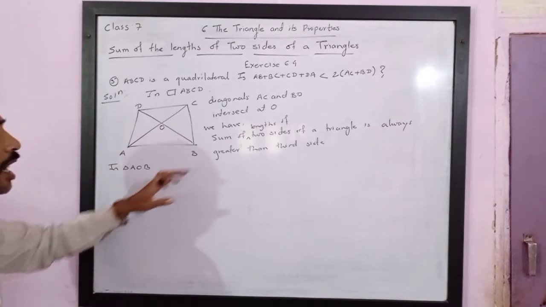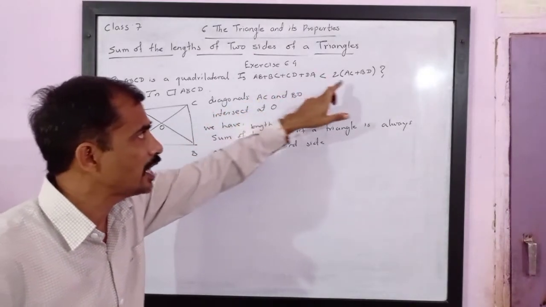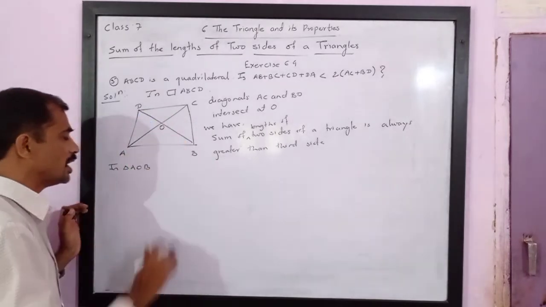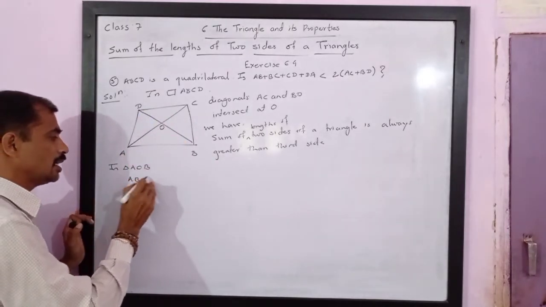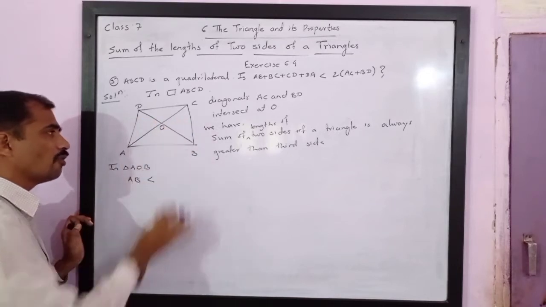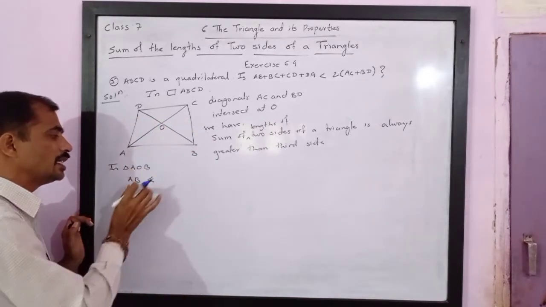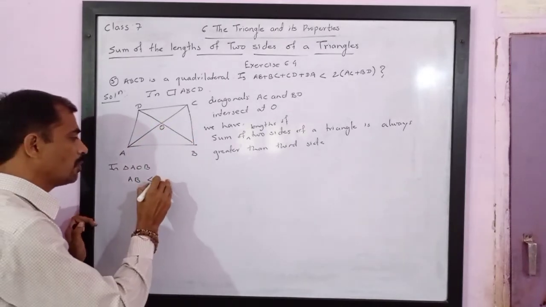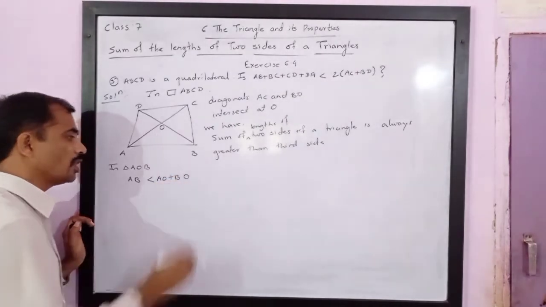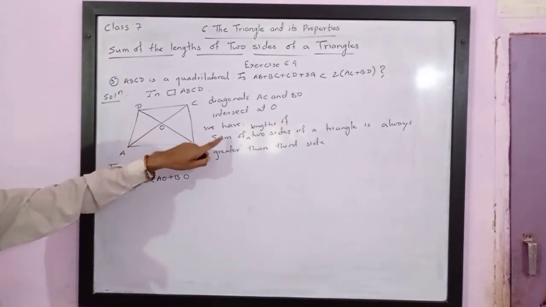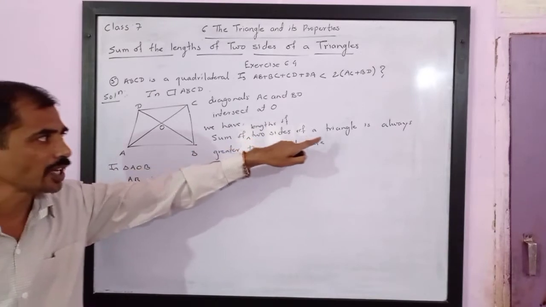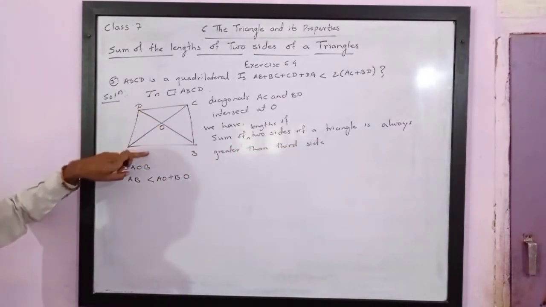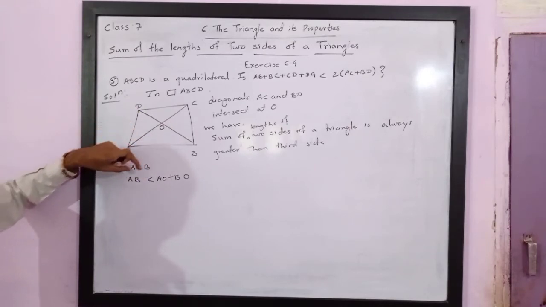Or I can write, since we are asked that this is smaller than this, I am writing the opposite: AB is smaller than the sum of the two sides, that is AO plus BO. We are using the same property: the sum of the lengths of two sides of a triangle is always greater than the third side.